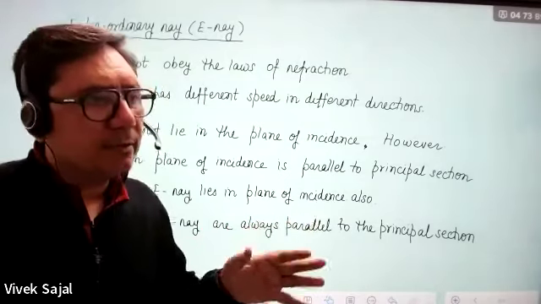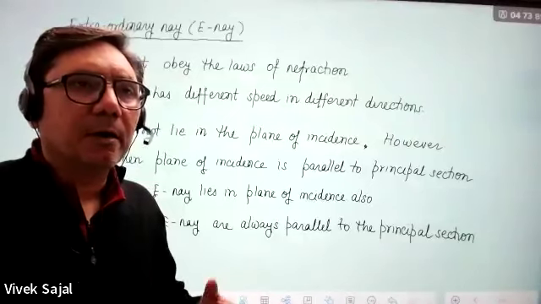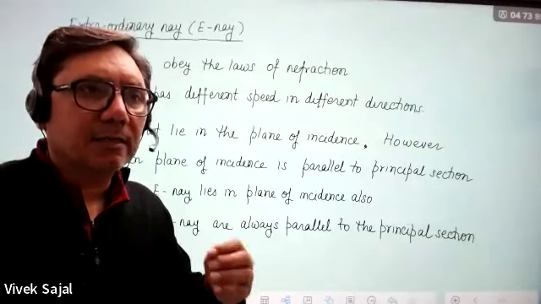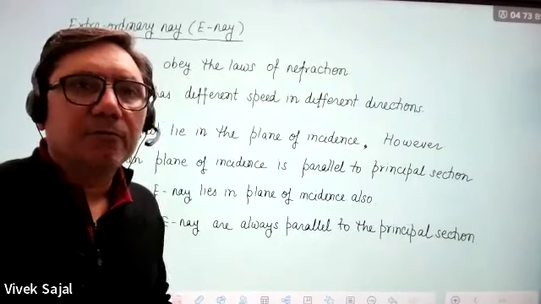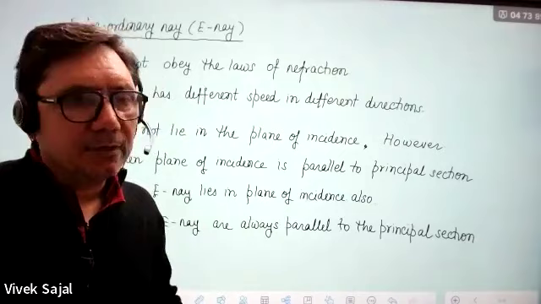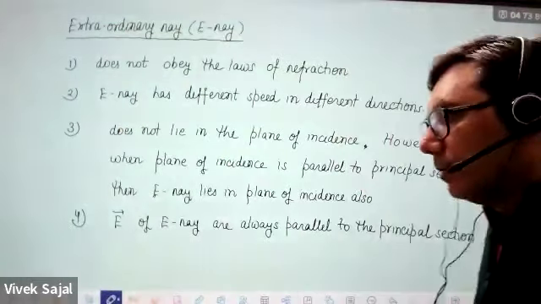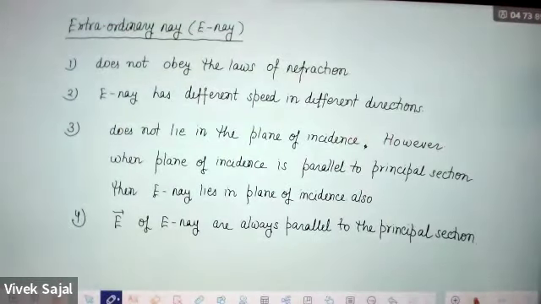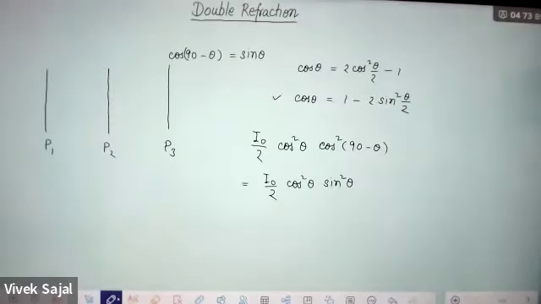Then if an unknown light is given, how can we find out which polarization this light is having? We will discuss half wave plate, full wave plate. So we are going to discuss all these aspects. Please look into all the slides, save all these slides. This is the first one.